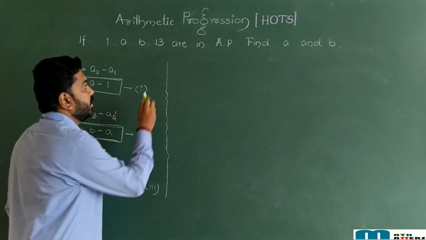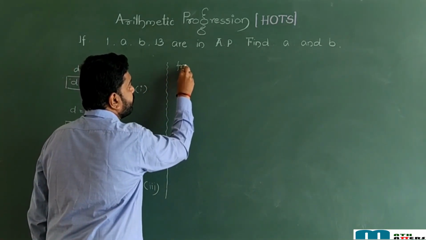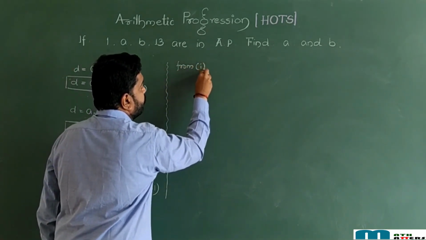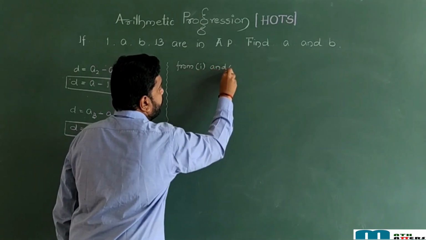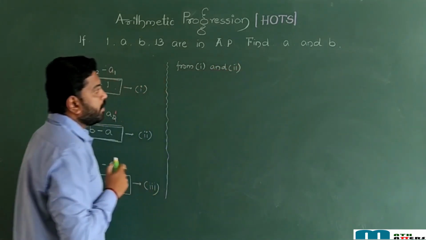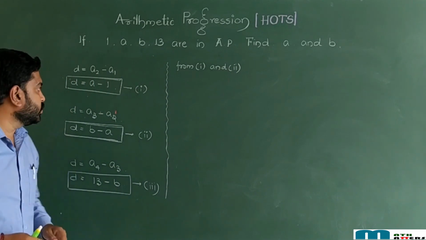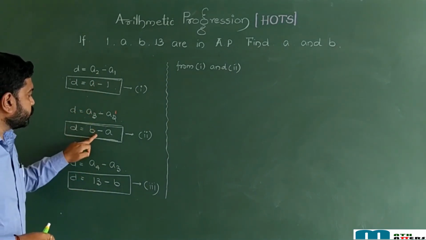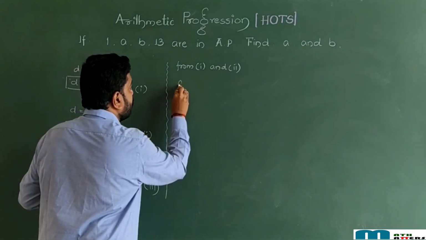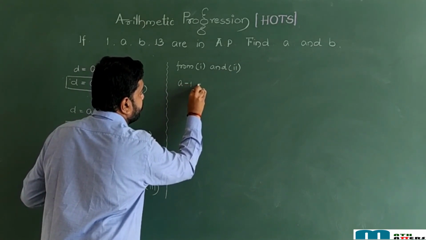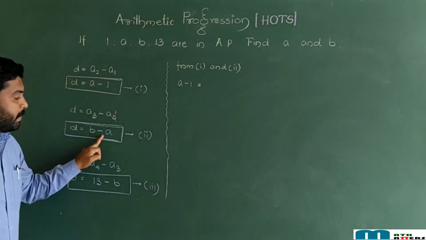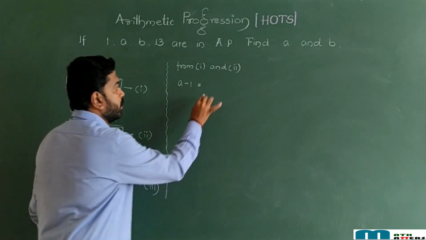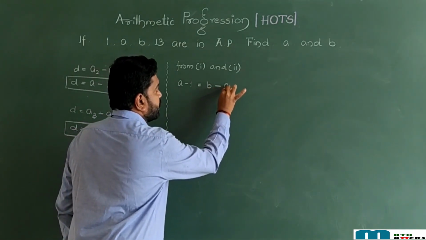First, I will equate these two from equation 1 and equation 2. So, a minus 1 is equal to b minus a.